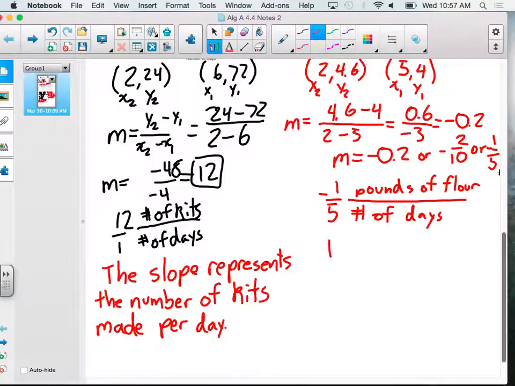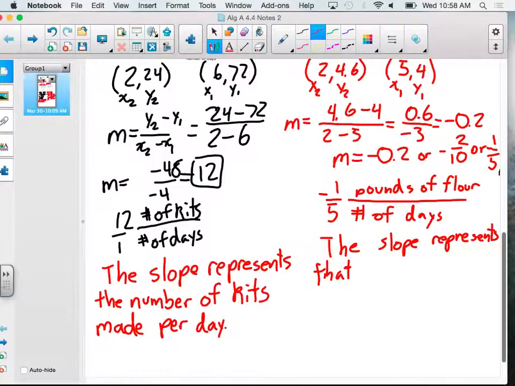So we can write the slope represents that you lose 1 pound of flour every 5 days.